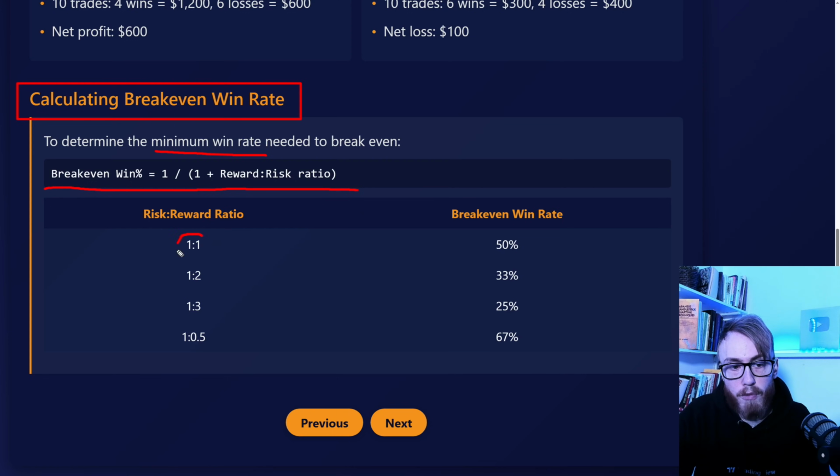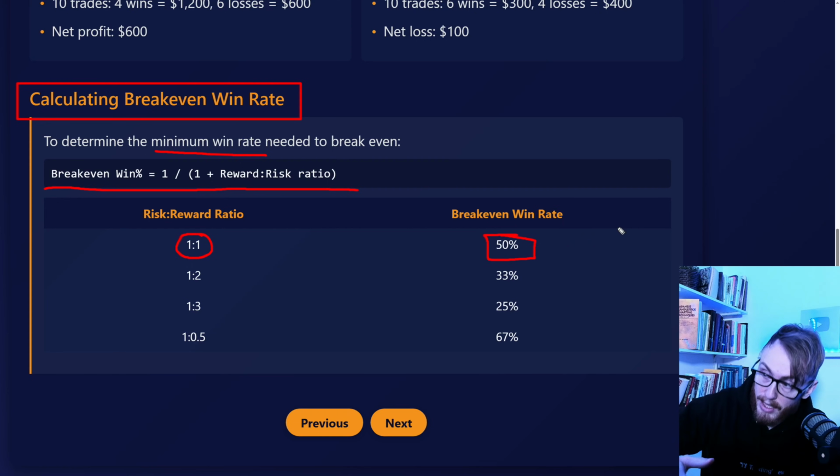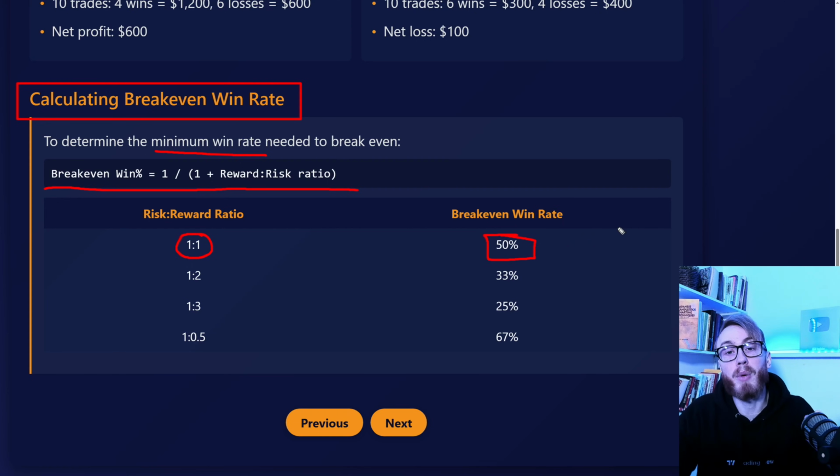So first of all, if we have a 1-to-1 risk to reward ratio, so we risk, for example, 100, and we can win 100, then it's pretty clear that our break-even win rate is 50%. So if we win 100, lose 100, win 100, lose 100, we will go even.